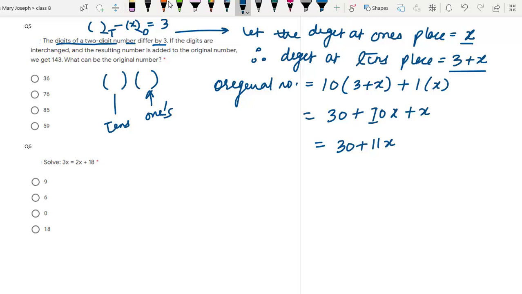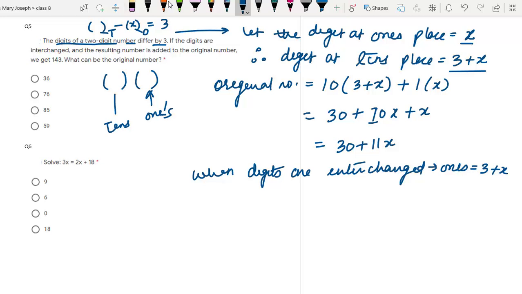What happens when digits are interchanged? When digits are interchanged, obviously now the 1's digit will be how much? 1's will be 3 plus x and 10's will be x.